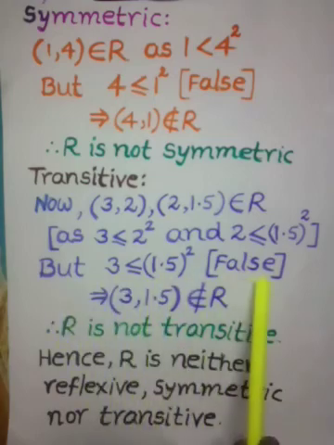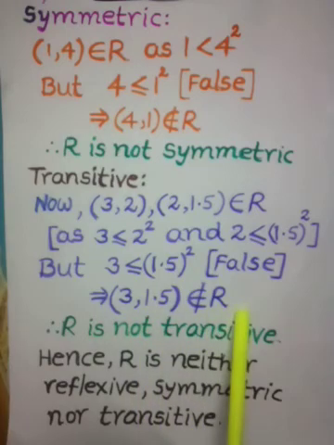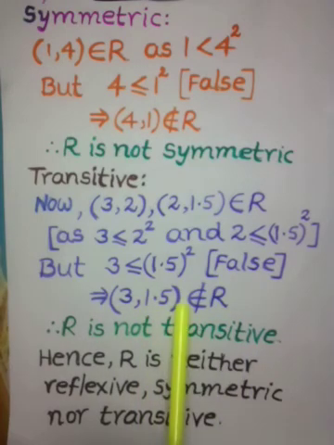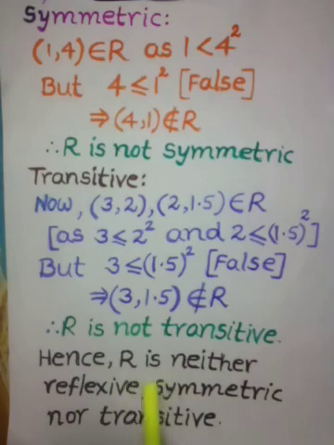But here we got a false statement. Therefore the ordered pair (3, 1.5) does not belong to R. Therefore R is not transitive. Hence finally we conclude that R is neither reflexive, symmetric nor transitive. Understood, my dear children? Right.